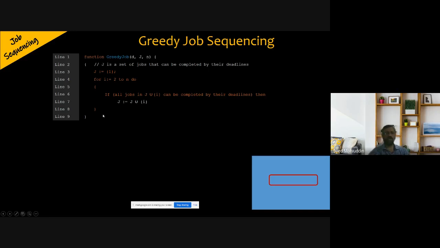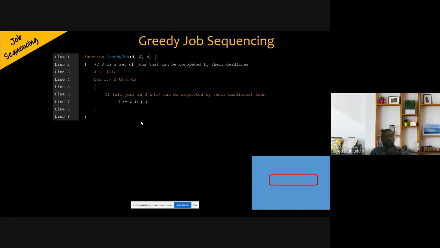So finally, the J which is passed as the parameter will contain the list of the jobs, or the sequence of the jobs that can be processed.